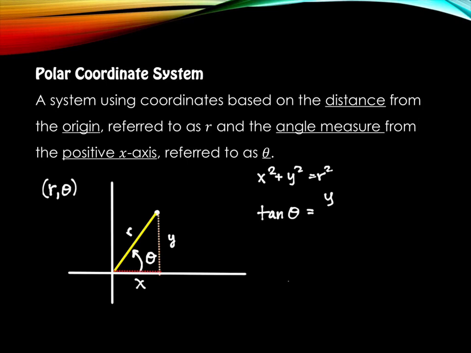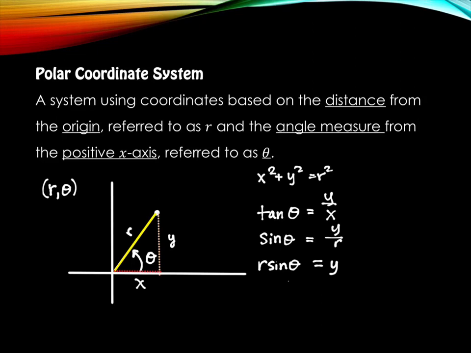Y over x. Now if we wanted to write it with one of the sines or the cosines, we could do the same thing too. So let's do the sine of theta. Y over r. What you'll usually see, instead of it being written like that, is it represented as an equation for y. So y is equal to r sine theta. That's how it's usually presented.